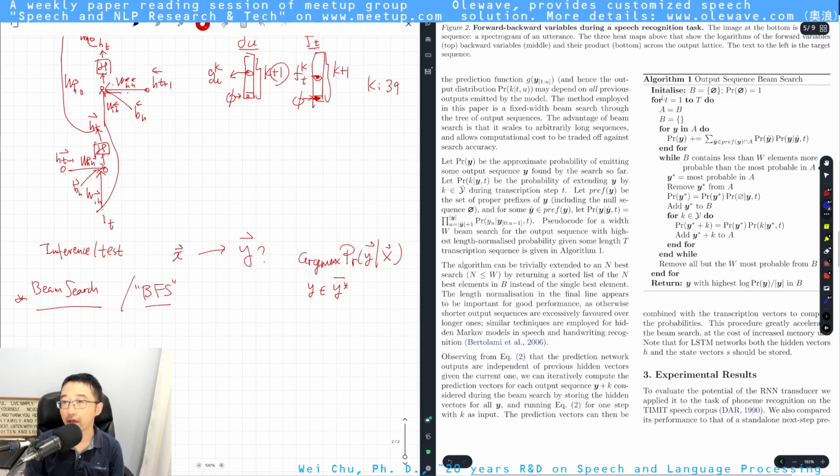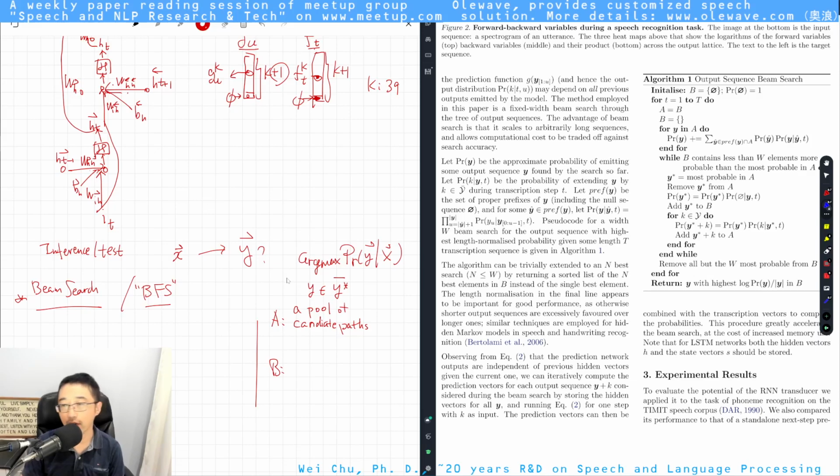Anyways, the A he talked about is more like a candidate path pool, a pool of candidate paths.